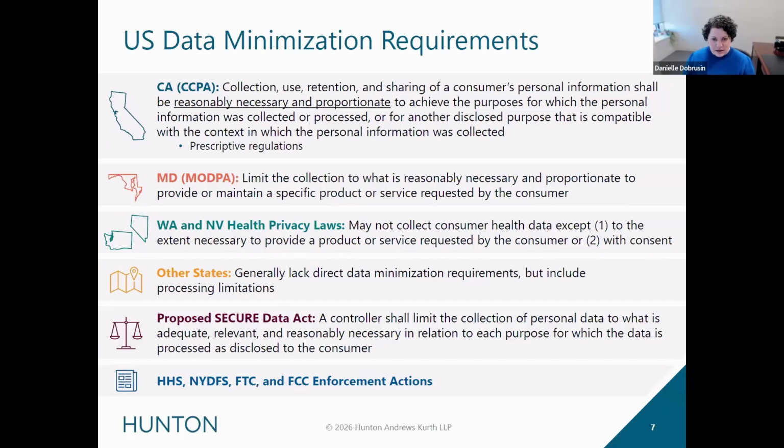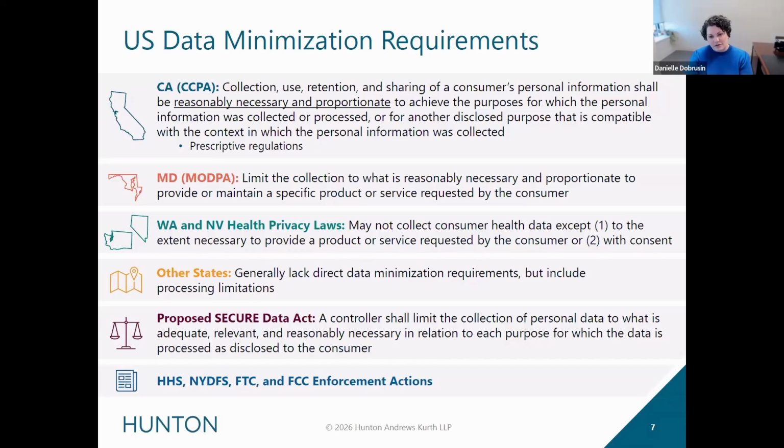With respect to other states, many of the state consumer privacy laws lack specific data minimization requirements related to the collection of data, but they do include general processing limitations that prohibit controllers from processing personal data for purposes that are not reasonably necessary to or compatible with the disclosed purposes for which personal data is processed, unless the controller obtains consent.